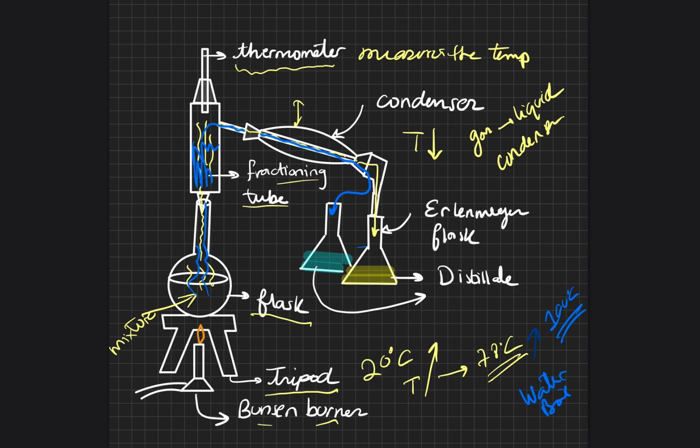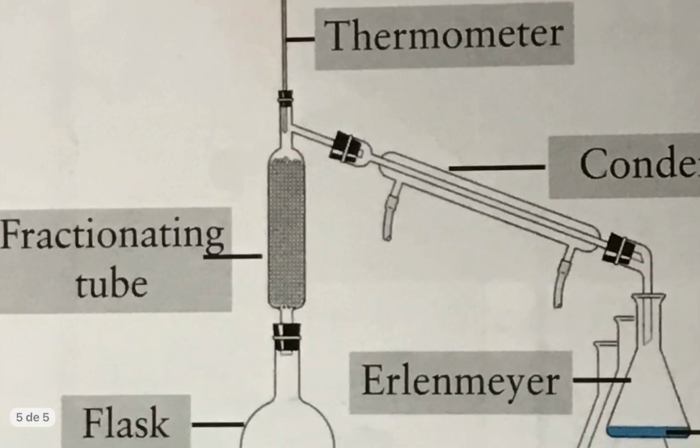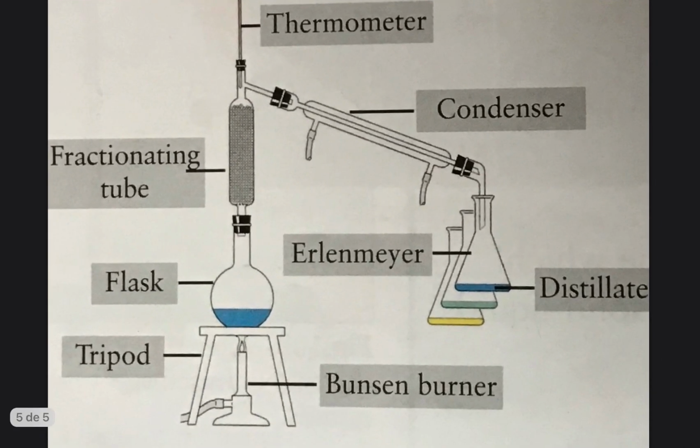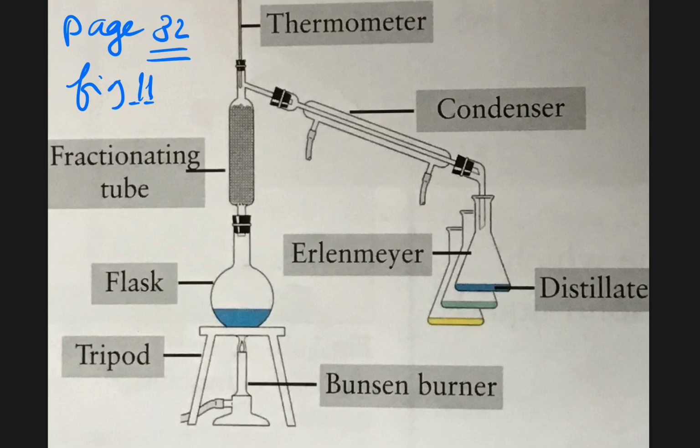Okay, now I'm going to show you the image you have in your book. I want you to open the book at page 32, okay, and check figure 11. We have the setup for the fractional distillation.